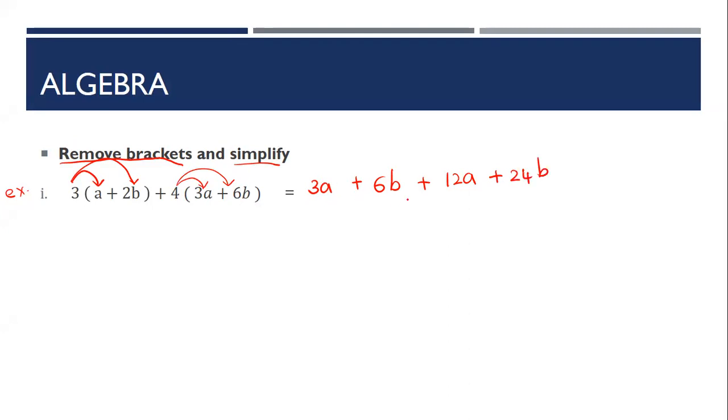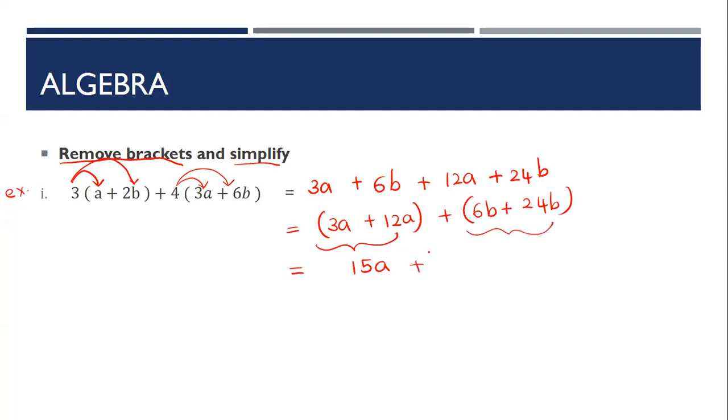So I am having a's and b's. I first write the a terms, 3a plus 12a, and second the b terms, 6b plus 24b. So 3a plus 12a is 15a and 6b plus 24b is 30b.